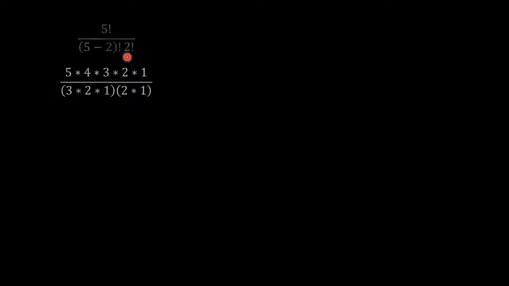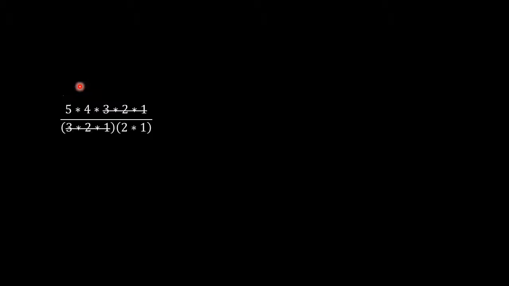First, let's do the 5 combination 2. Here we have the values 5 factorial over 5 minus 2 factorial times 2 factorial. Let's expand the values. We can notice a 3 factorial embedded in the 5 factorial at the numerator and a 3 factorial at the denominator. We can cancel those two.